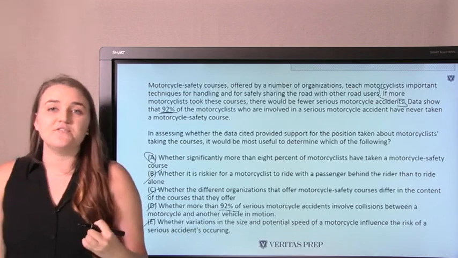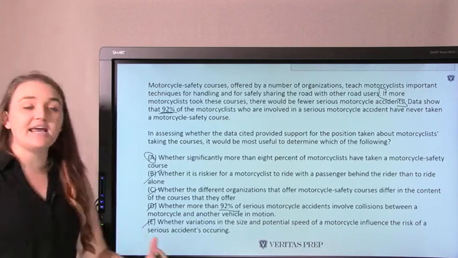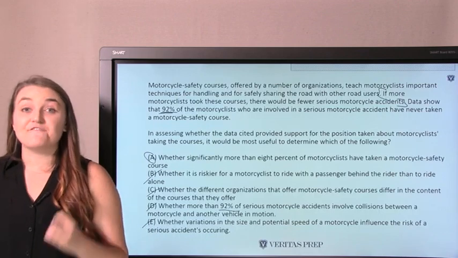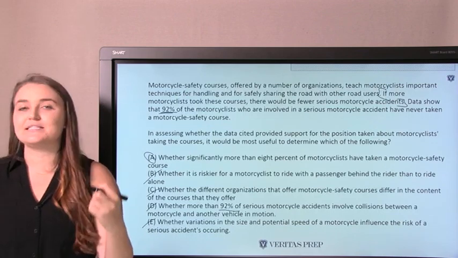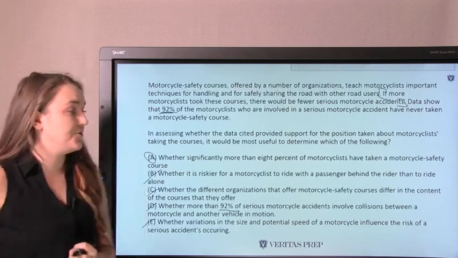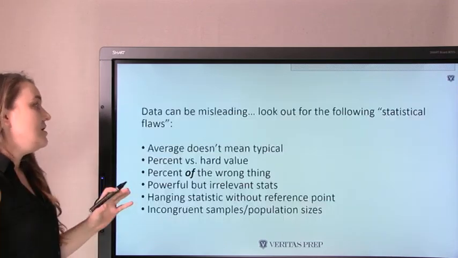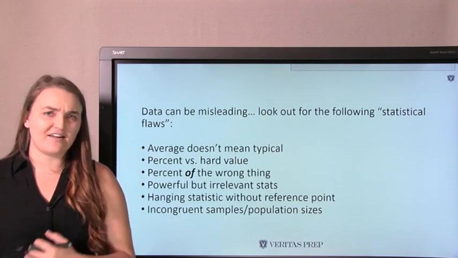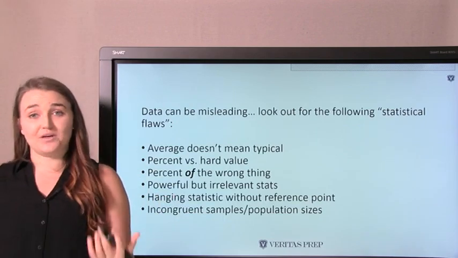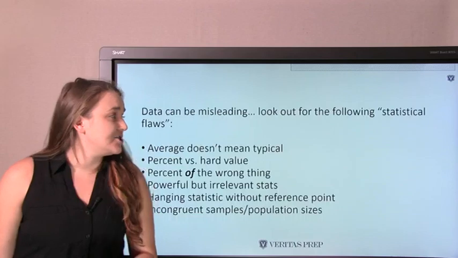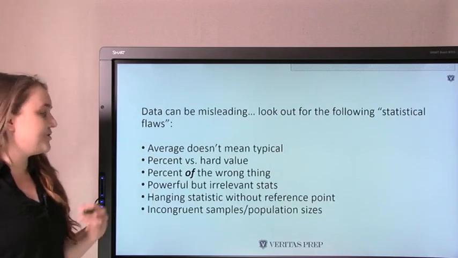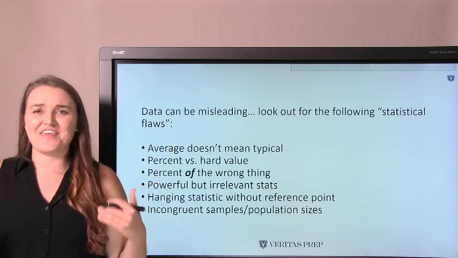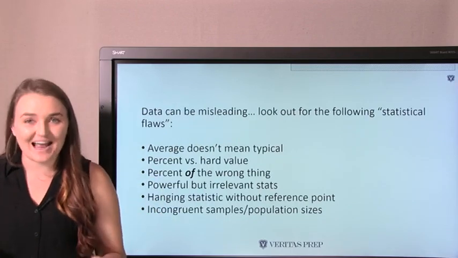We've gotten just a little bit of a taste of the various ways that data can appear convincing on first glance, but have fatal flaws if we take just a step further to dig into the use of that data. So data in many ways can be misleading, whether we're looking at averages and the fact that they're not necessarily indicative of the usual case, whether we're looking at situations where percents are compared to hard values, or percents kind of hang without any sort of information to refer back to.